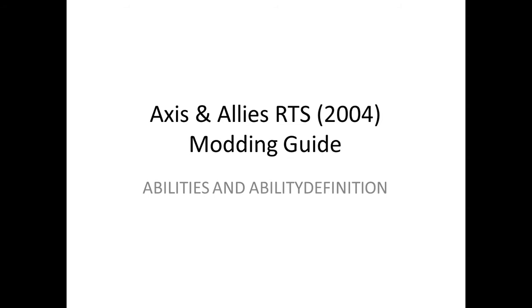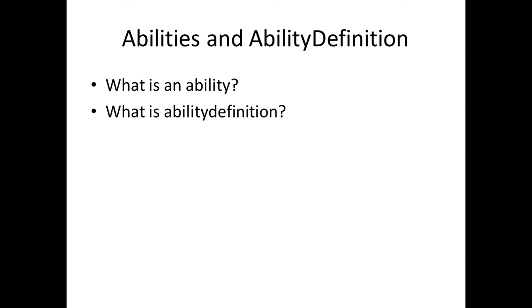However, we're going to start out by doing a quick overview of abilities and ability definition and how that affects the ability template. So, first off, what do I mean by ability? Well, I'm referring to the ability template in the actor ability file in the templates folder.